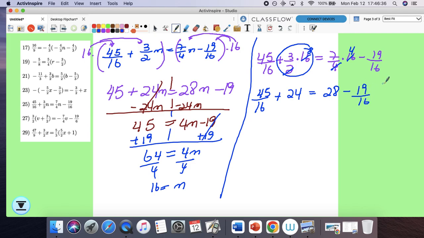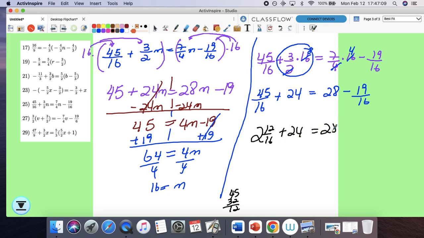Now, I think probably the easier way is to change these two to mixed numbers. So 16 goes into 45 two times, right? And then 45 minus 32 is 13, so 13 over 16 is left over, plus 24.